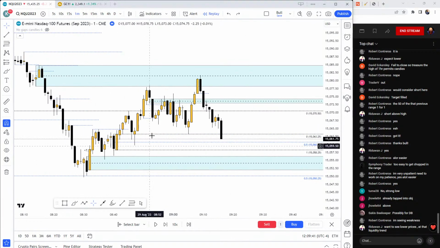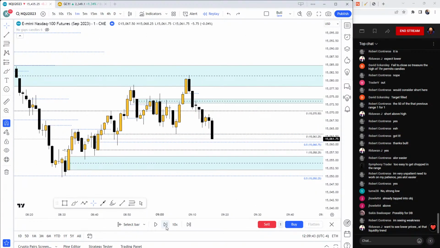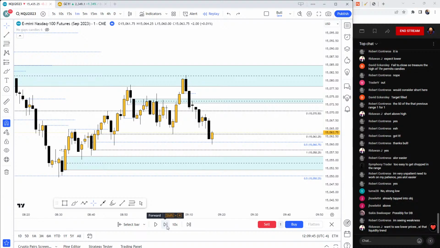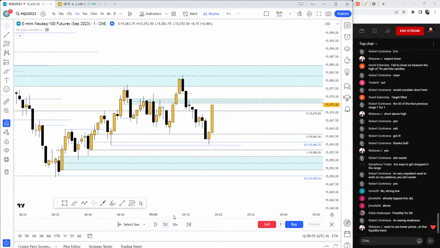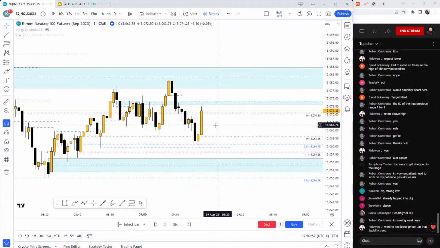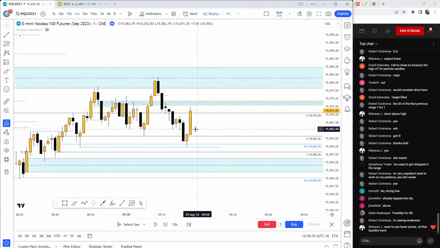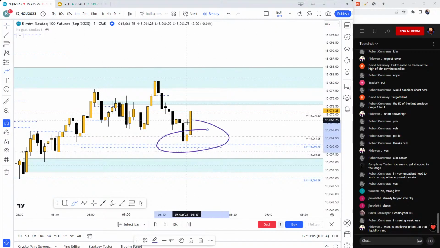We're looking at this area here. Did it take this? Nope, did not. Okay, cool. What's this going to end up being on a 15-minute chart if we consolidate or continue up? It's going to be a wick, isn't it?